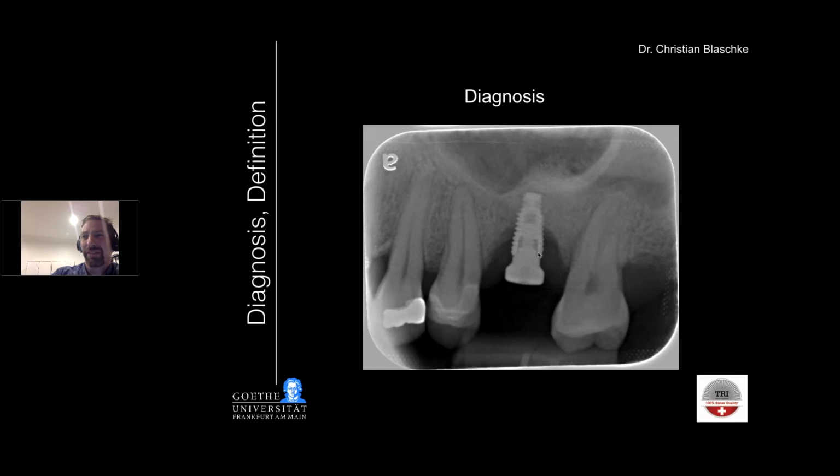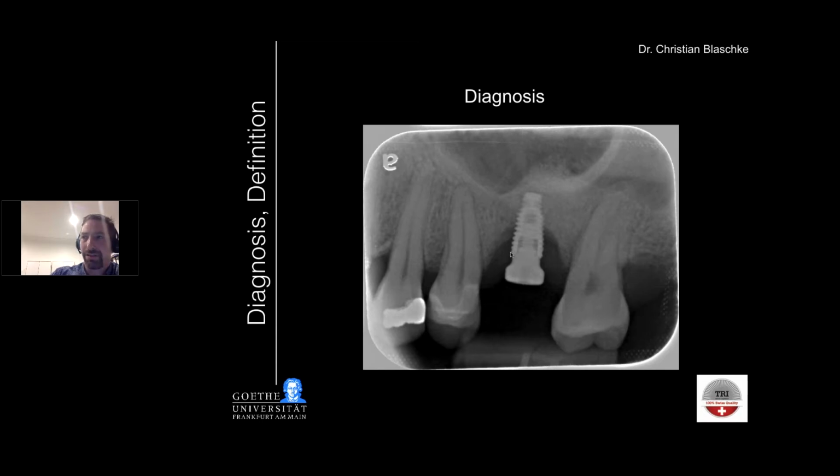We had a quite hectic day and the patient came in for the uncovery, and I actually uncovered that implant without taking an X-ray before the uncovery. During the uncovery, I realized something was not right, and then we took the X-ray. So this implant is not in function. However, my argument is it's still peri-implantitis, even if the implant is not in function.